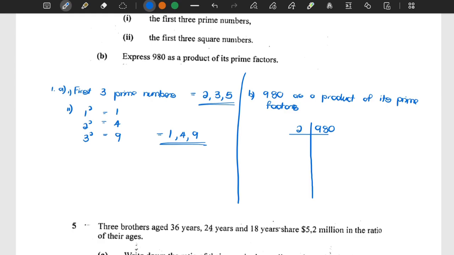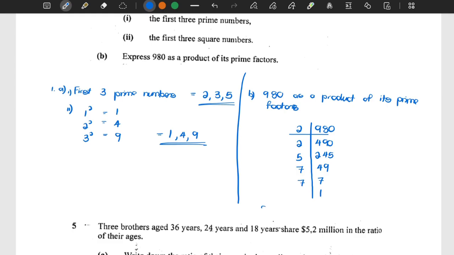The lowest factor, which is a prime factor, is 2 in this case. 2 into 980 is 490. 2 into 490 is 245. The next one will be 5. 5 into 245 is 49. And 7 into 49 is 7. 7 into 7 is 1.